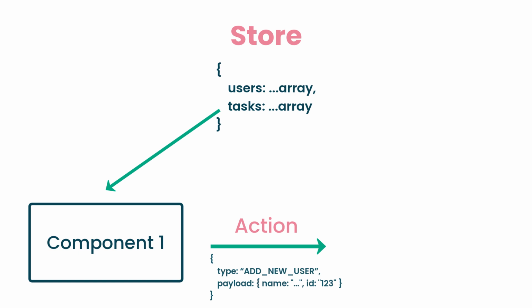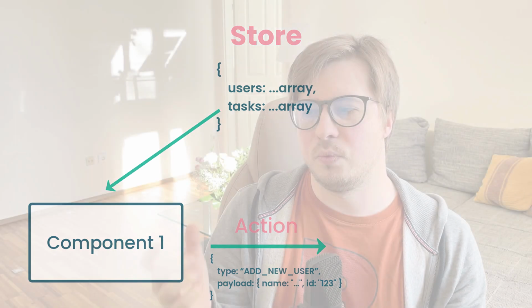As an example, if we want to add a user to our store, we dispatch the action which says please add to the store, and we give the user data which should be added to the store, right?